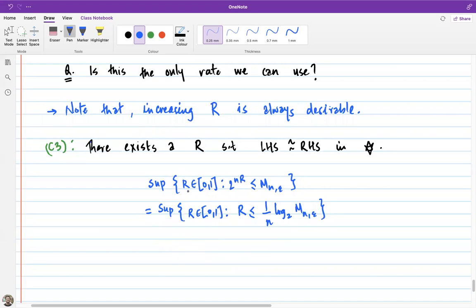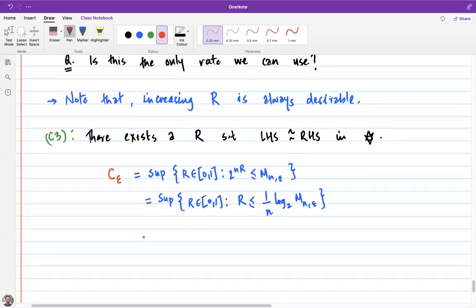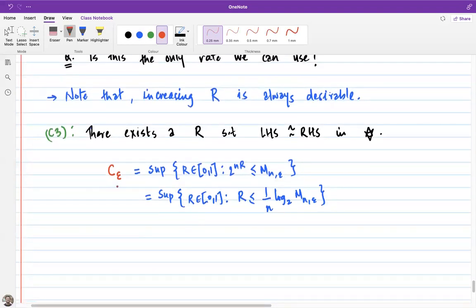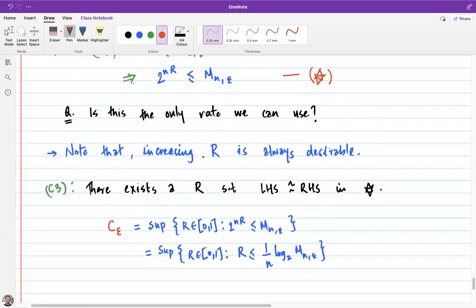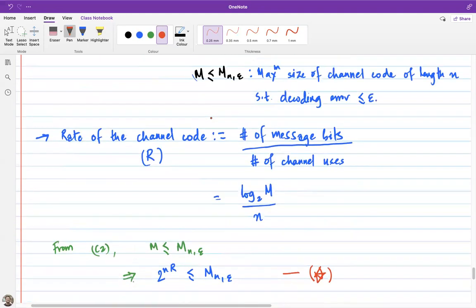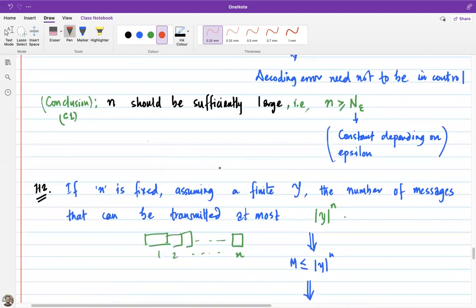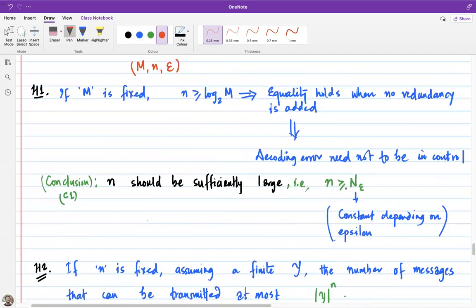Okay, so you are basically interested in this particular supremum, which is the supremum of all the rates which satisfy this particular equation, and we call this interesting quantity our C epsilon. Okay, note that this entire thing actually depends on epsilon. The moment you change your epsilon, correspondingly you need to also change your n epsilon and choose the length sufficiently large.